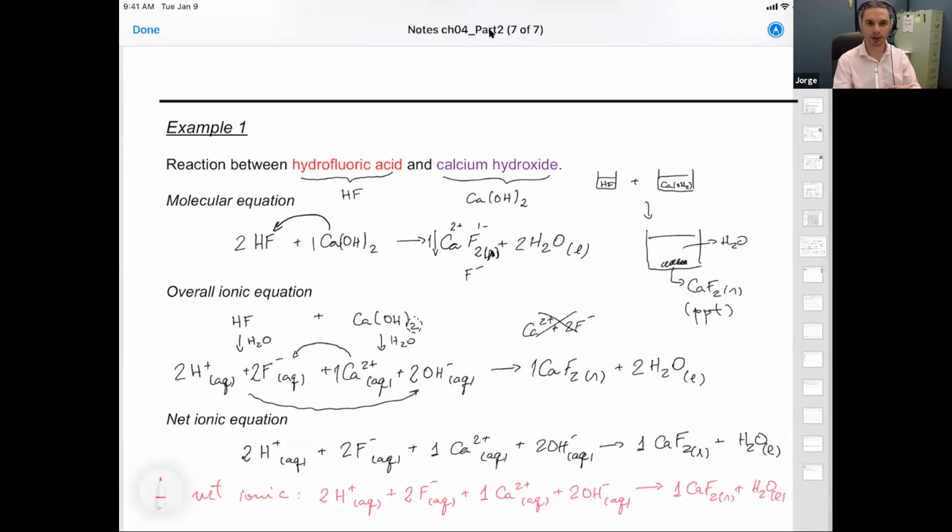And at this point, I want you to write the physical states, at least for the products, okay? If you follow these steps and are careful with charges, there is no secret here in writing neutralization reactions.